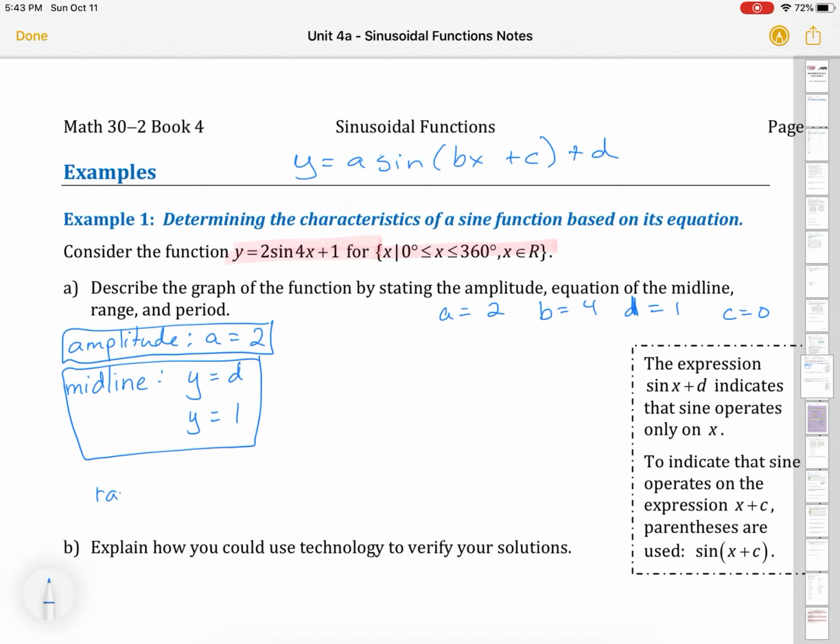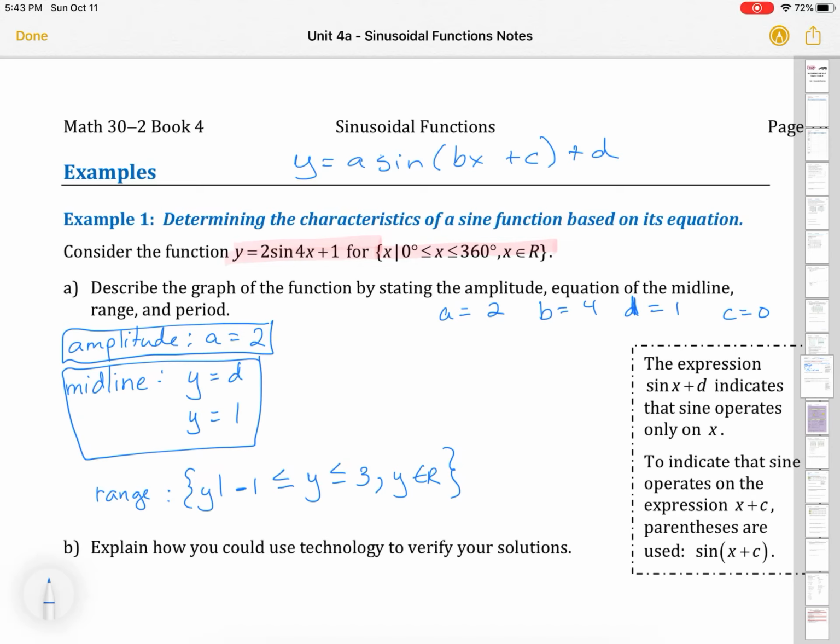The range. Our range, from our formula, y is greater than or equal to d minus a. So d minus a is -1. And then the second one is d plus a. So 1 plus 2, 3, and then y is less than or equal to 3.